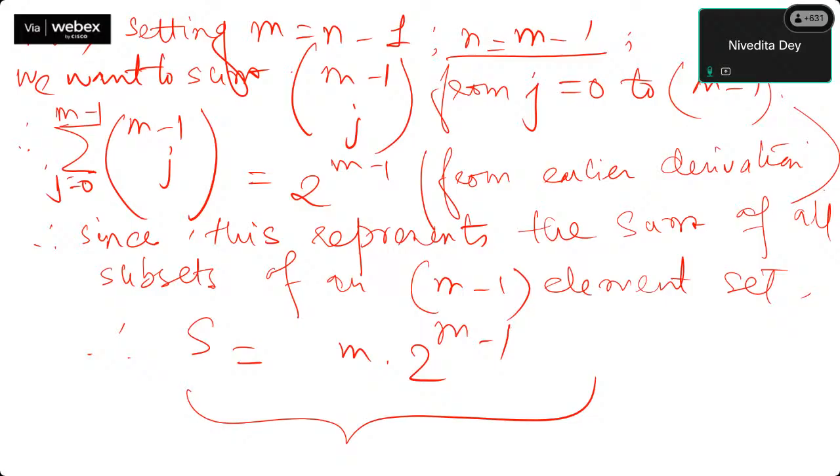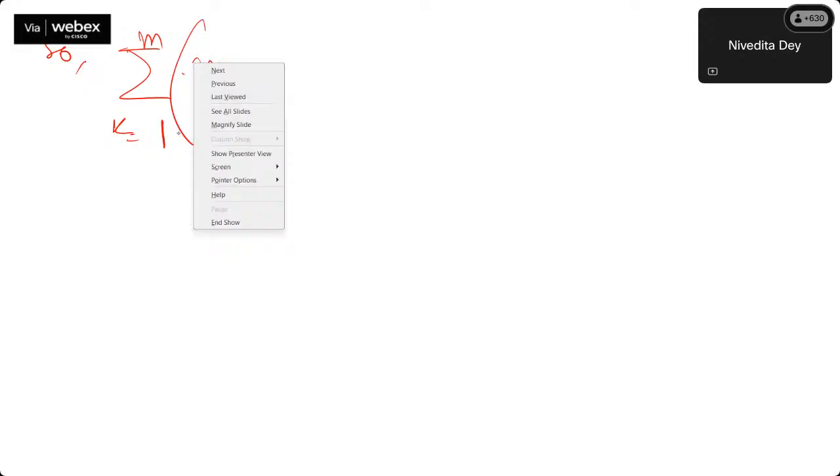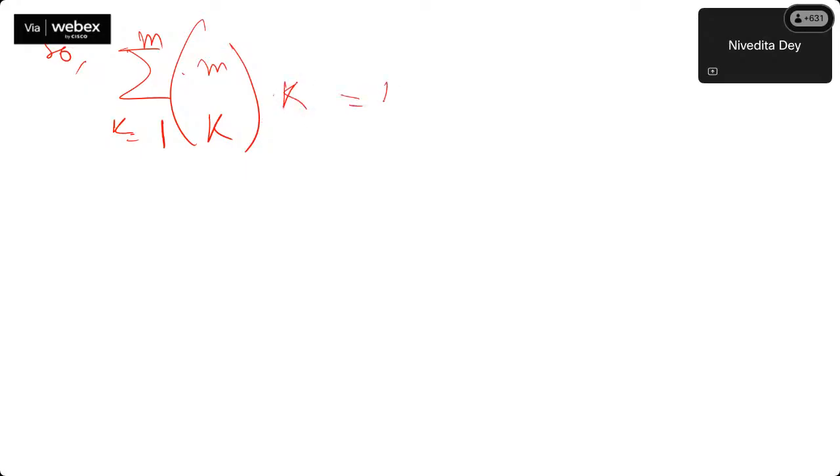Now, initially it was the sum from k equals 1 to m of (m choose k) times k, which is equal to m into 2 to the power m minus 1.